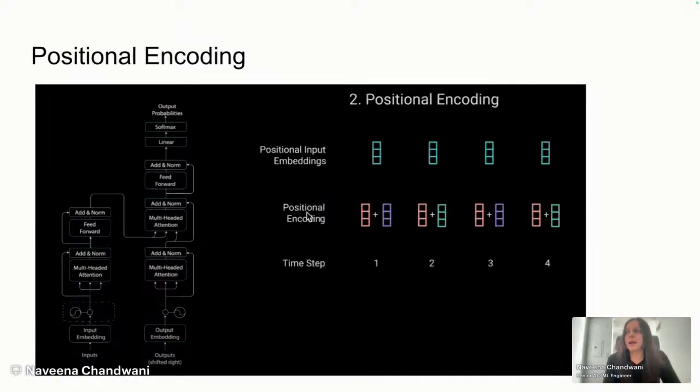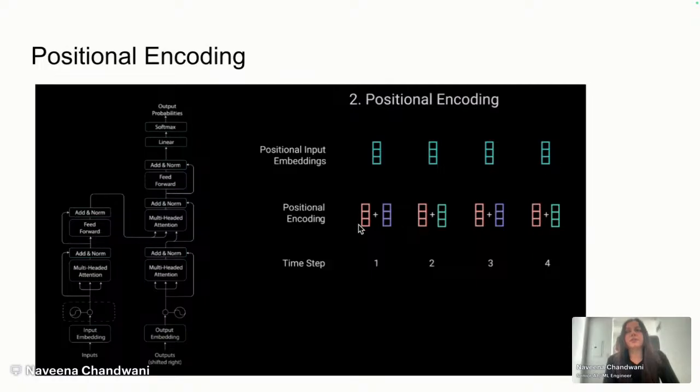And then next we have positional encoding, which is represented by this component here. Time step refers to the index of the words in the incoming sequence. These orange vectors are what we generated, the input embeddings.